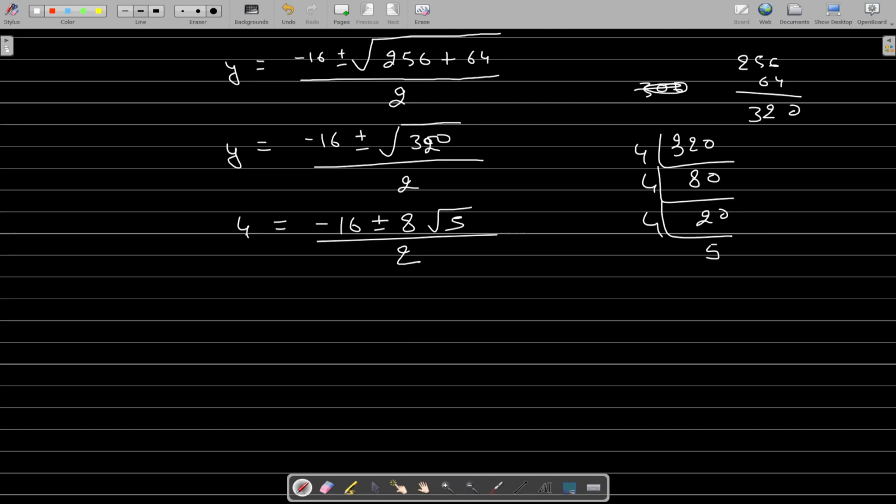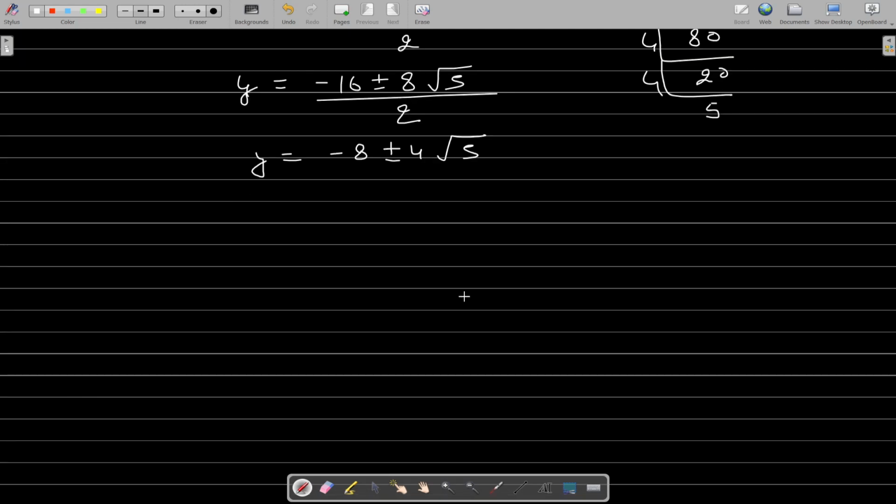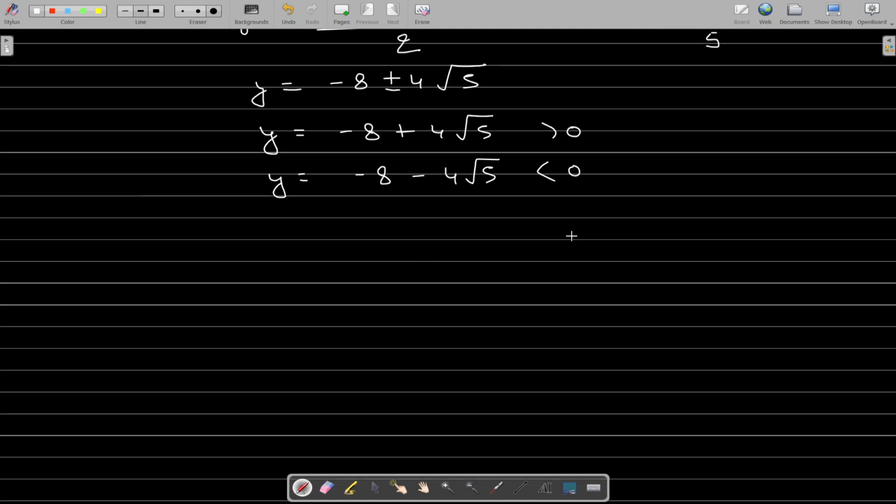Now let's get rid of the denominator, which leaves me with 4 root 5. So y is equal to minus 8 plus 4 root 5, which is greater than 0, and y is equal to minus 8 minus 4 root 5, which is less than 0. All right. So earlier I assumed x squared to be equal to y, which means let this be case 1 and this be case 2.